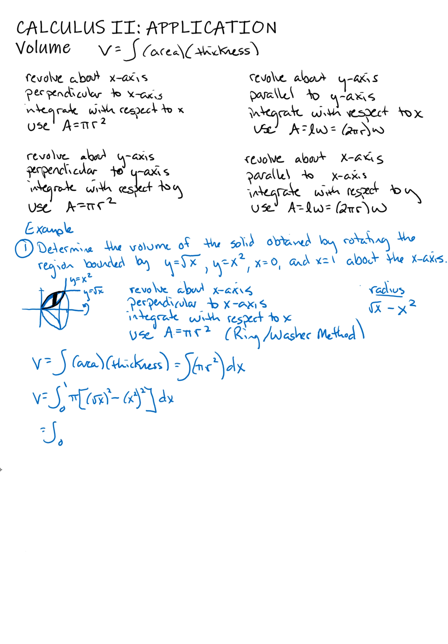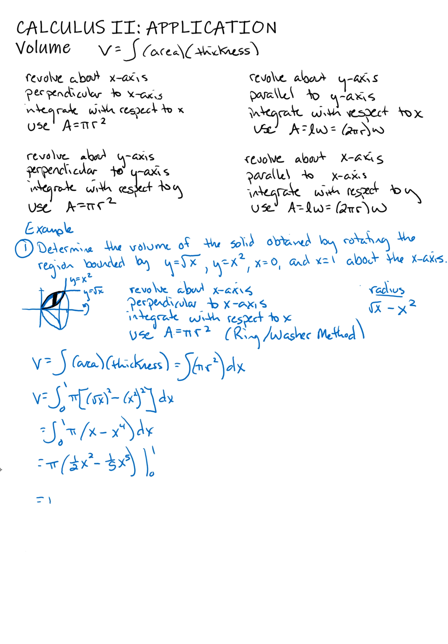We can simplify this just a bit. Square root of x squared is just x. X squared squared is x to the fourth. We can take out this pi, and then if we integrate x, we get 1/2 x squared. Integrate x to the fourth, it's 1/5 x to the fifth. Evaluate this from 0 to 1.